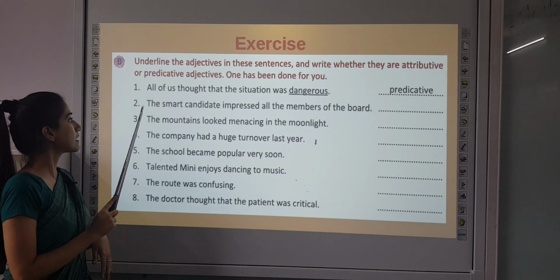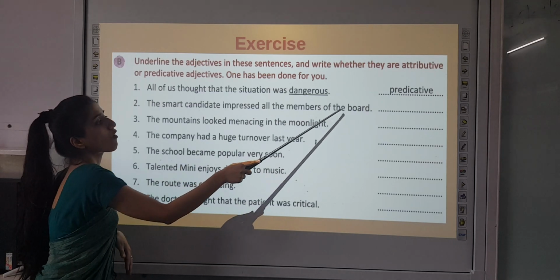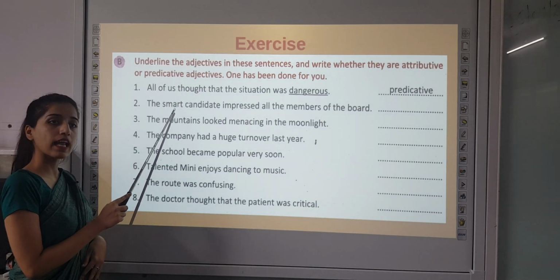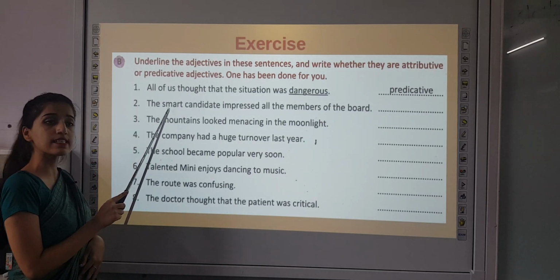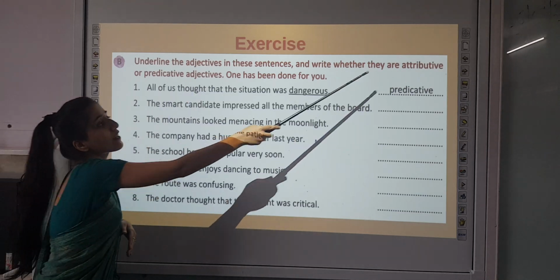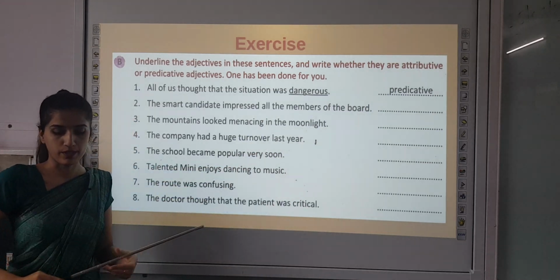And in the second sentence: the smart candidate impressed all the members of the board. Here the adjective is smart. So you have to underline the word smart, and it is coming before the noun. So it is an attributive adjective. So here you have to write attributive.